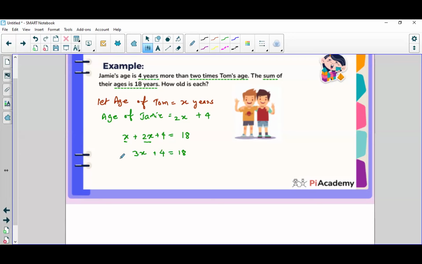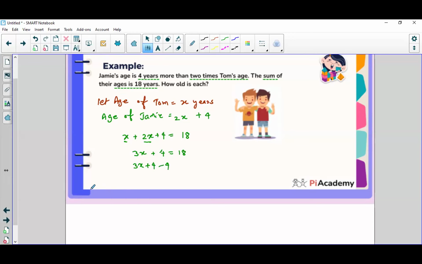Okay. Now, what we have to do here, this is plus 4. My focus is on X. I have to find out the value of X here, guys. So if I have to eliminate this 4, I will subtract 4. Plus 4 minus 4. But the condition is, you can't do it only on one side.